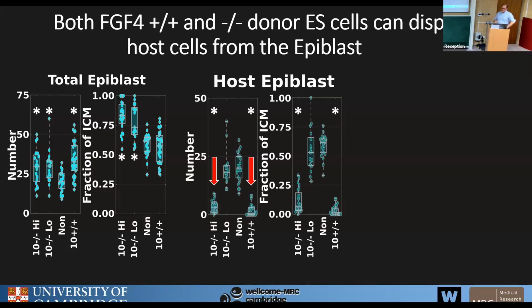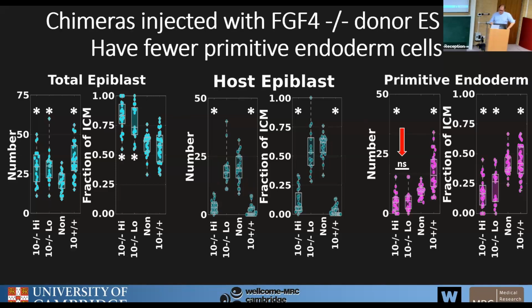The interesting thing arises when we actually look at host tissue versus donor tissue. And you can see here, both in the high contribution, the 10 FGF wild types, almost the entire host epiblast population is gone in a statistically significant way. And finally, we see a reduction of the primitive endoderm.